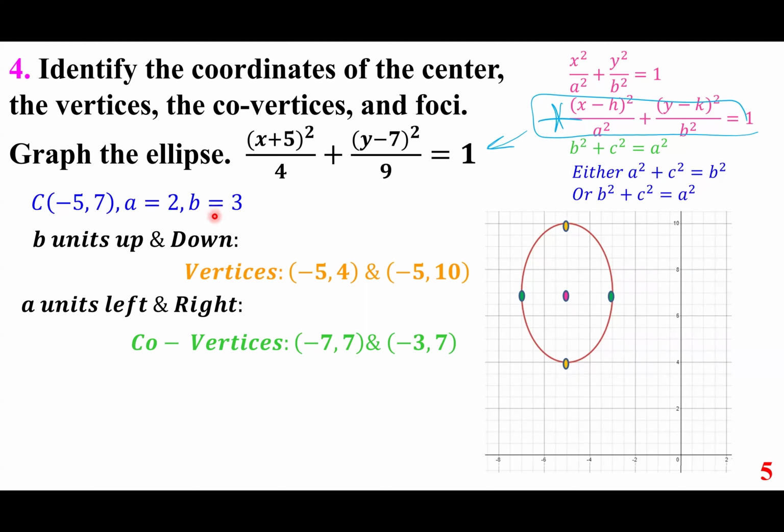Because b is larger, we're going with a squared plus c squared equals b squared. a is 2 squared. c, we have no idea. And b is 3, this is 9. This is 4. So c squared is 5. c becomes square root of 5.